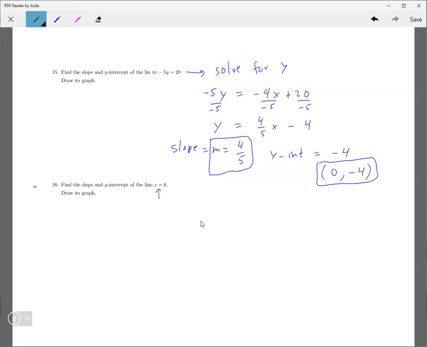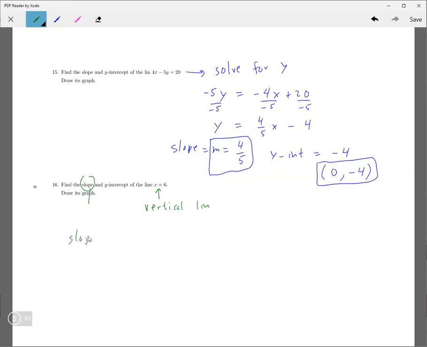Okay, so x = 6 is a vertical line. So the slope is undefined.